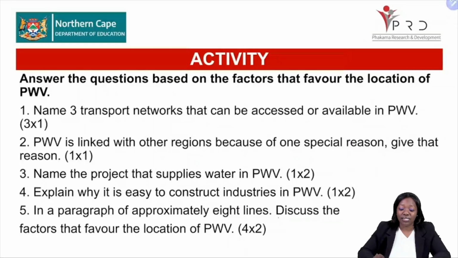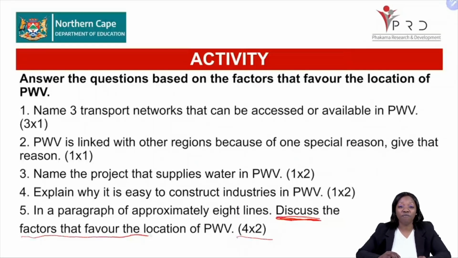the factors. Discuss. I will always emphasize this because I want you to stay away from using 2-3 words. Then you think you have done your paragraph question, but you're supposed to discuss further the factors that favor the location of PWV. 4 times 2, we need 4 responses that will give you 8 marks.